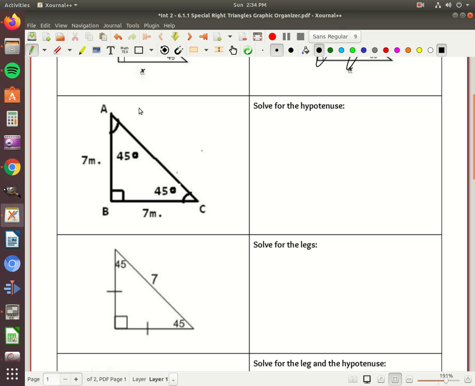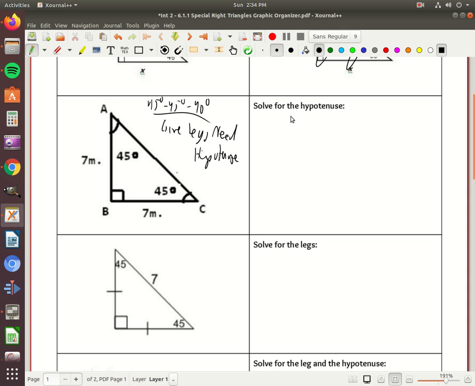So what if they give me a leg, and again, this is a 45-degree triangle, so 45, 45, 90 triangle, and they give a leg, but I need the hypotenuse.